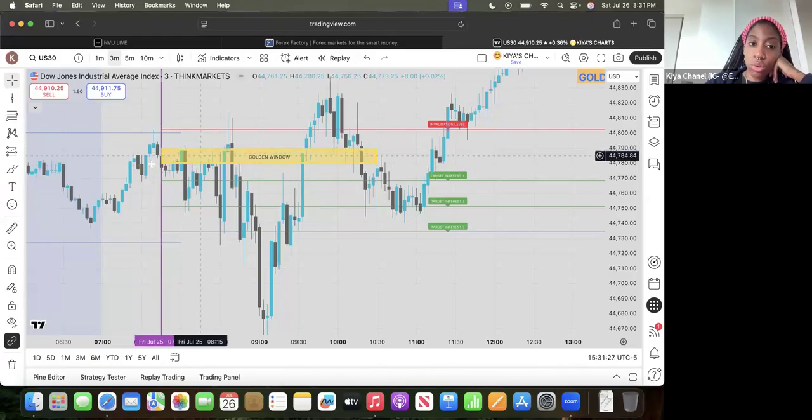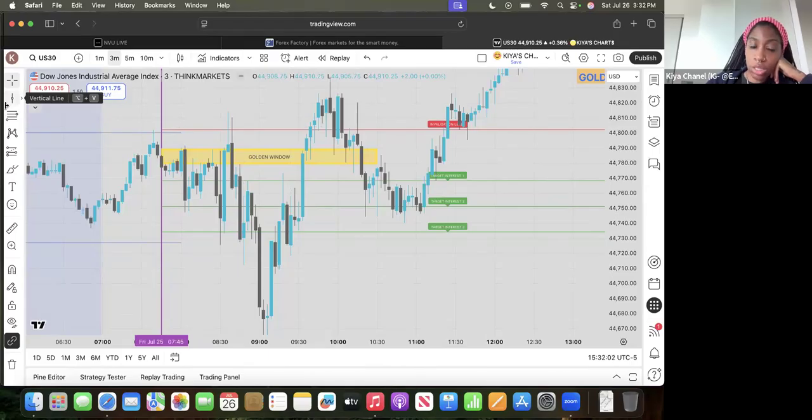So what you want to do is wait for the candle to close to make sure that all of the information stays on your chart: your invalidation zone, your golden window, and your take profits. Because if you don't wait for the candle to close, it's going to take away the setup. The setup won't be there anymore. So that's why it's important to wait.